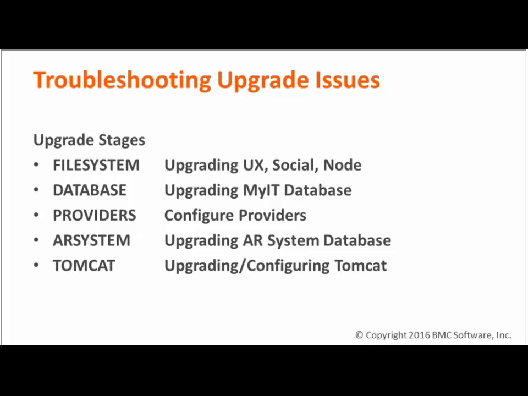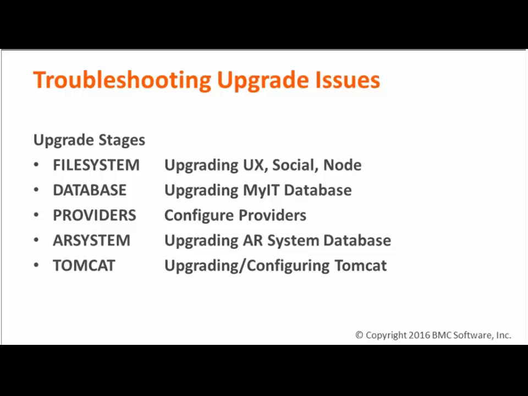But from 3.2, what we did is we actually modularized the upgrade, where we are doing the upgrade in stages. And the advantage of this is, if there is a failure, all you have to do is revert to that best known state of the failure, and then rerun the upgrade.